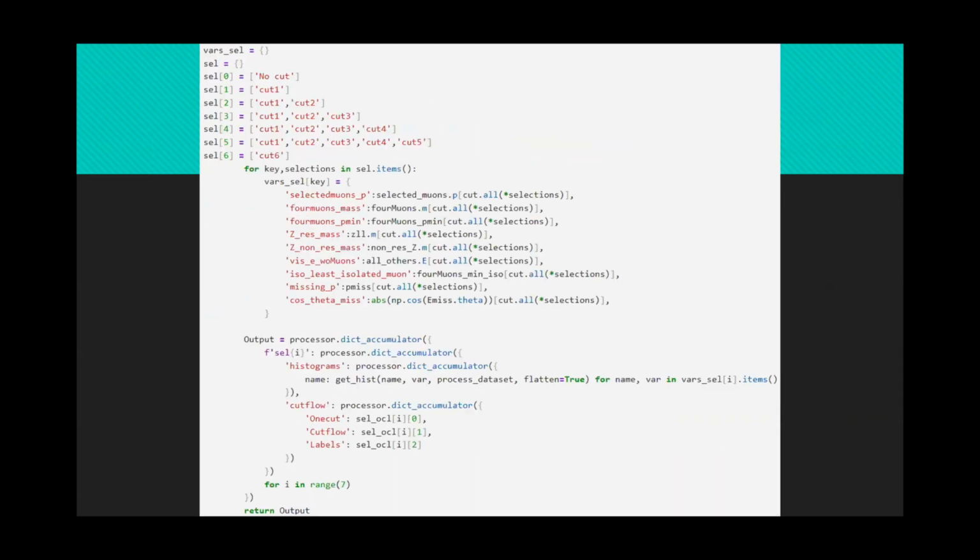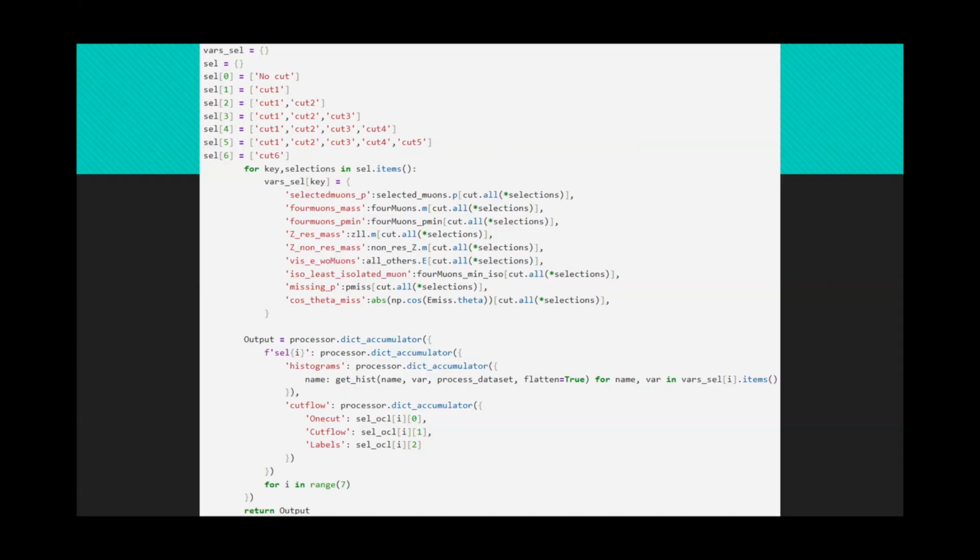This here is my output structure. It first defines the selection stages, applies selections, and builds physics variables. Then it builds the Coffea output and returns the structured results.